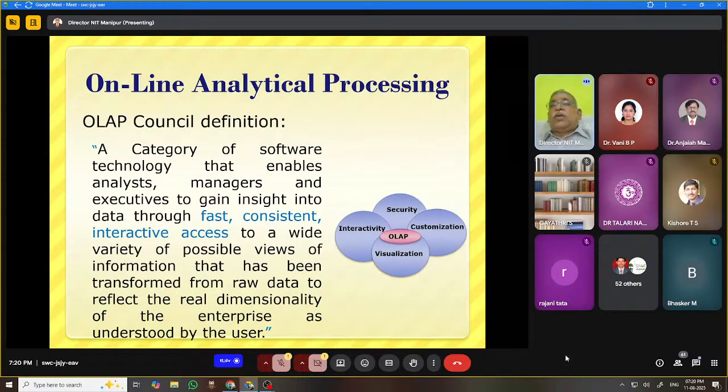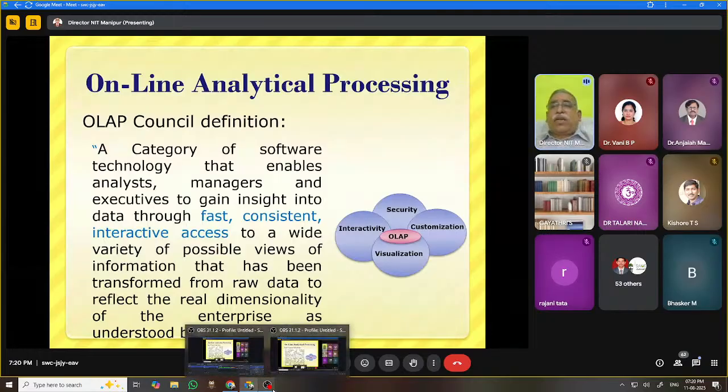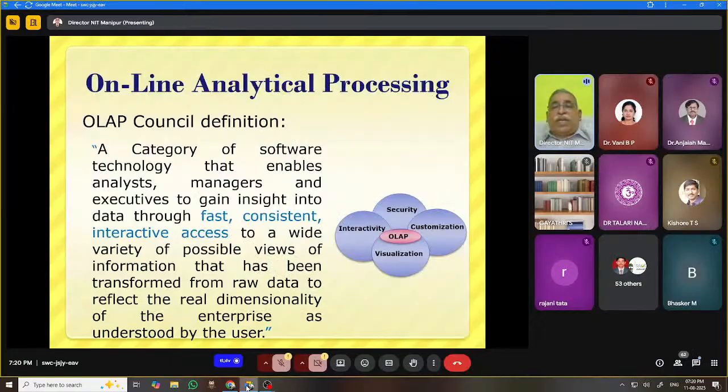That means, to understand the market dimensions, the organizational growth, and the analytical results of the sales of an organization, we combine everything from different perspectives, taking interactivity, security, customization, and visualization into consideration. That's why the OLAP Council has defined this as software with four qualities.